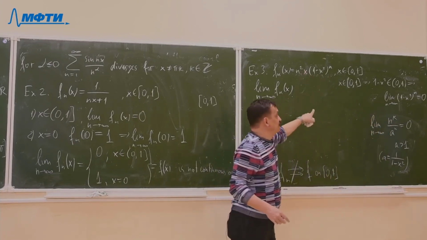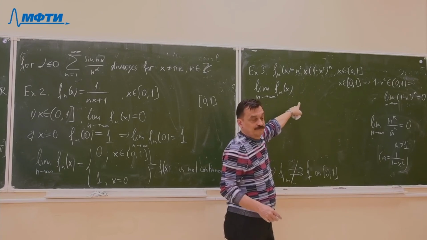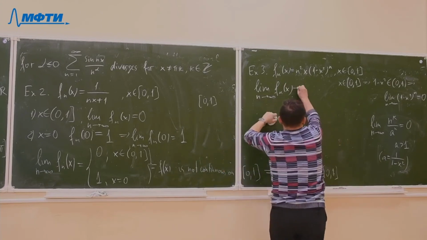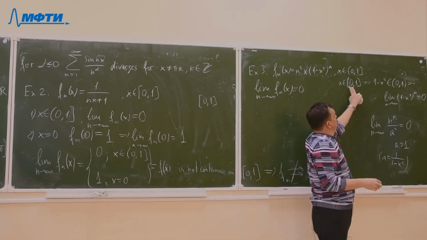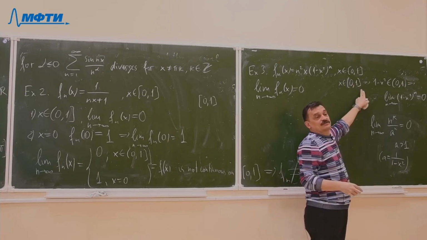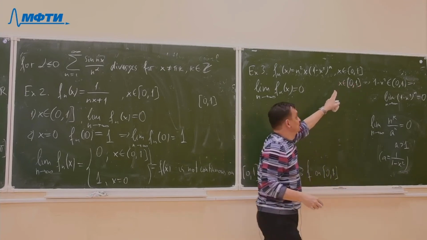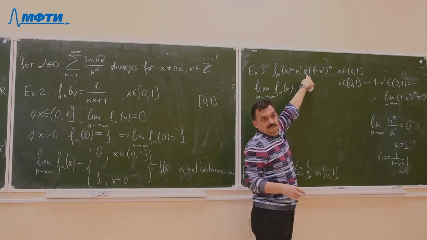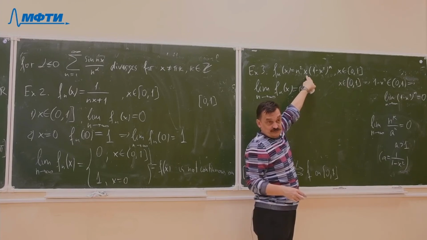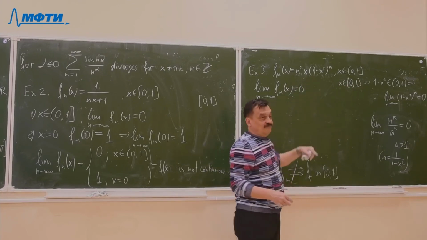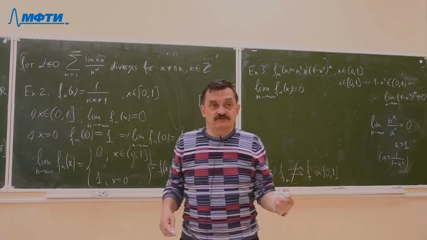So it means the limit of f_n of x is 0 for all x from 0 to 1 excluding 0, but in fact what happens at 0? Because of that x is for sure 0, right? So we have that the limiting function is continuous.